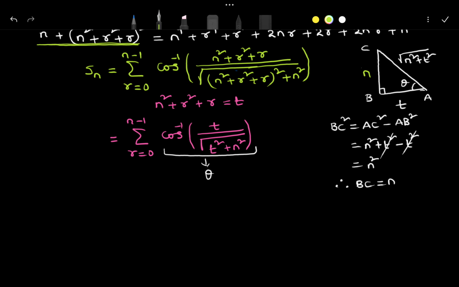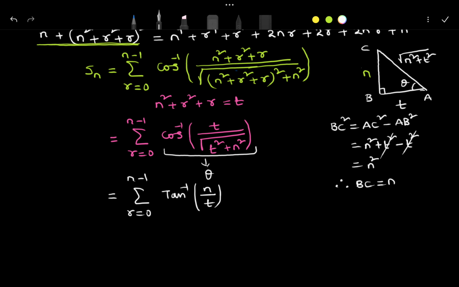So now what is the tan inverse? It will be the sum from r = 0 to n−1 of tan inverse of opposite side by adjacent side, that value is n by t.